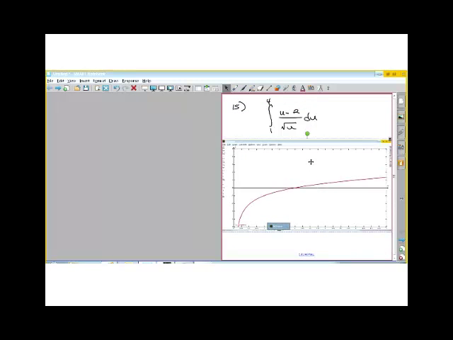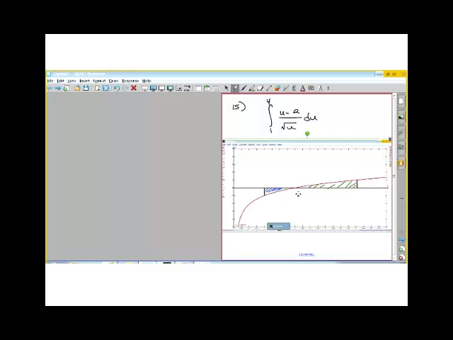So there we go. Now let's draw our vertical lines. We go from x equals 1, which is right here, to x equals 4, which is right there. We're going to have two areas: this area, which is negative, and this area, which is positive.